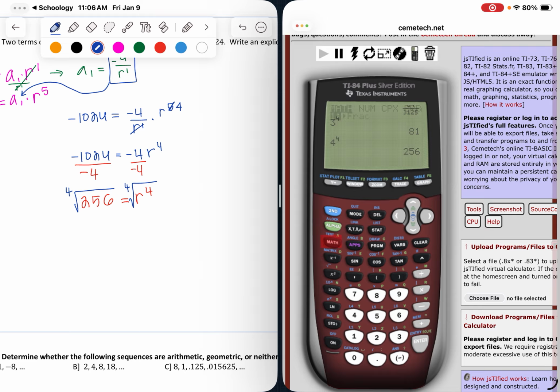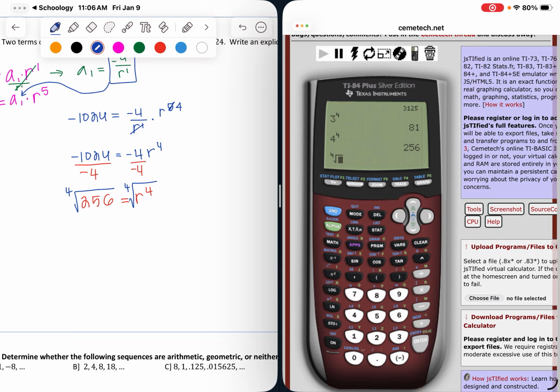But there's another way to do that, which is actually doing the fourth root. To do the fourth root, you hit math. The 5th option down is any root. So if I want to do the fourth root, I have to hit 4 first. Then I hit math. Option number 5 is any root. It'll change it to the fourth root.